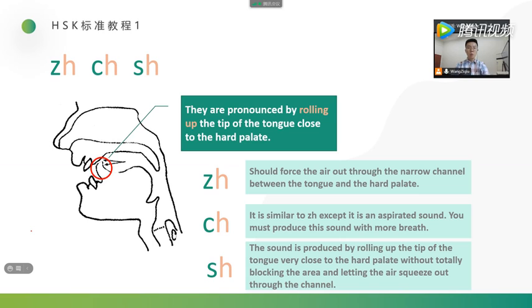So it means when we pronounce 诗, you should roll up the tip of your tongue, then don't block the airflow. Leave a channel between the hard palate and the tip of your tongue. Just let the airflow go out from your mouth. Like this. Sh.